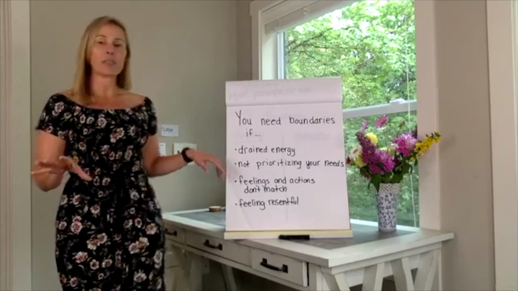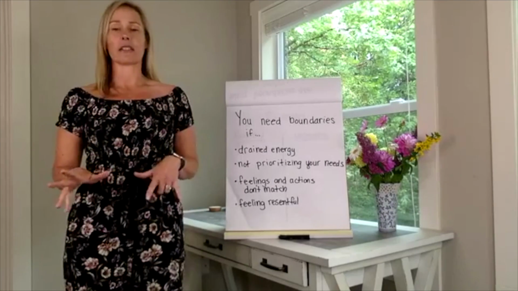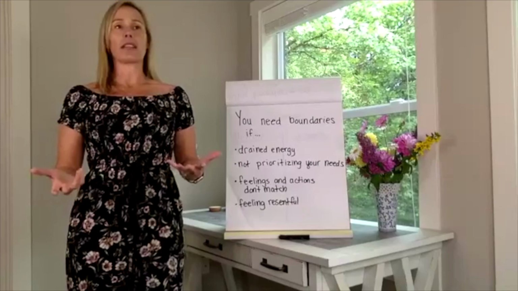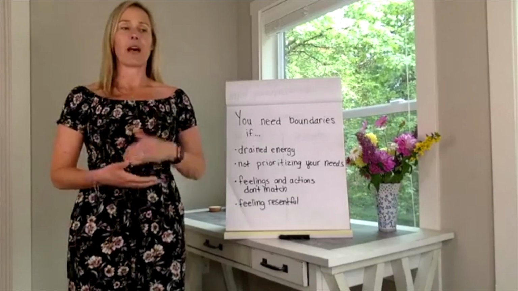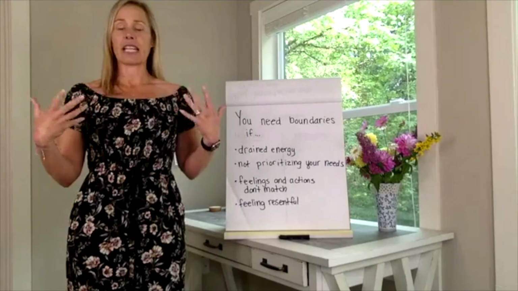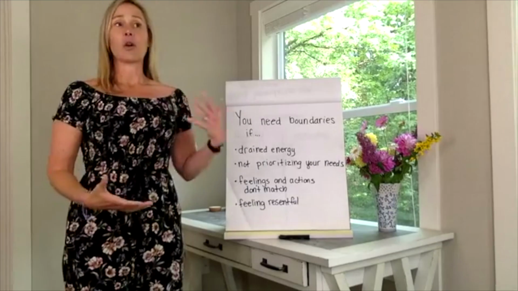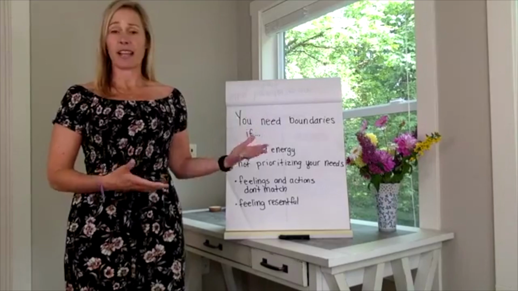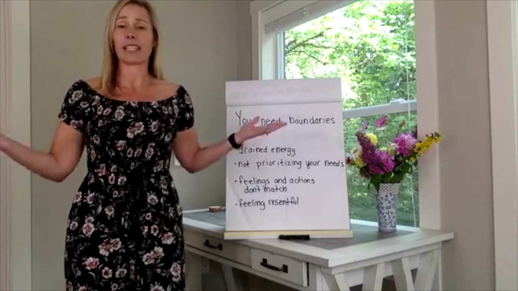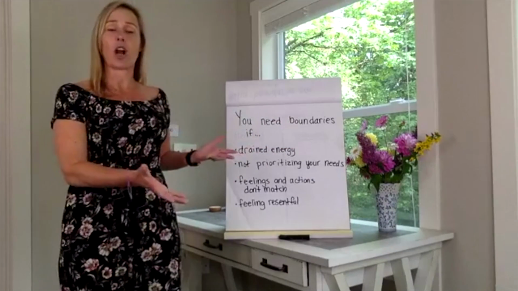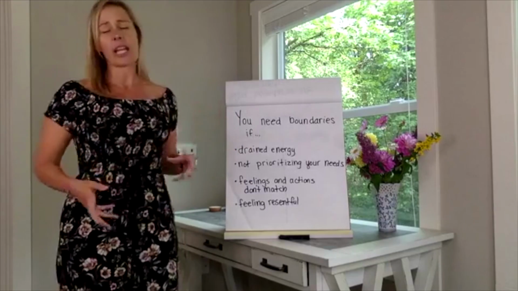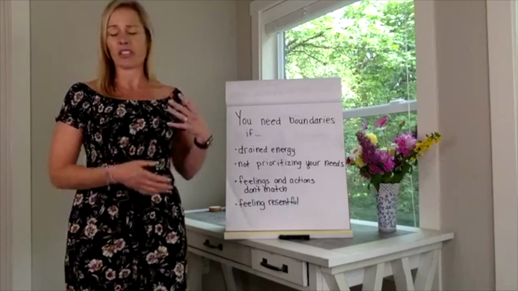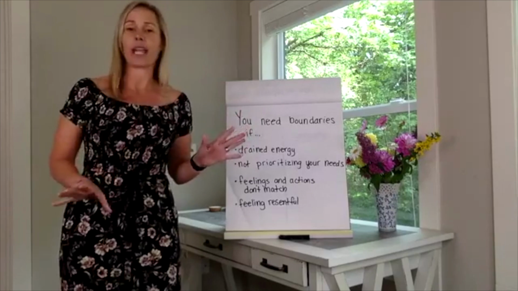Also, if you're not able to prioritize your needs. So let's say, for example, one of the things that you really committed to is being healthy and eating healthy food. And then you go over to your family's house and they're all eating something that you've decided you're not going to eat for now, like a big piece of cake or whatever. And then somebody gives you a hard time for not eating the cake. Oh my gosh, you never eat the cake. Just have one piece, right?